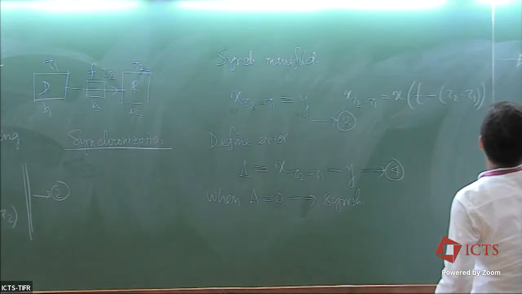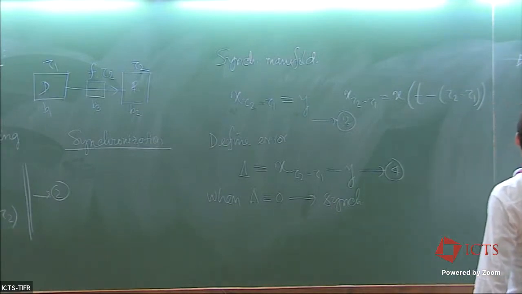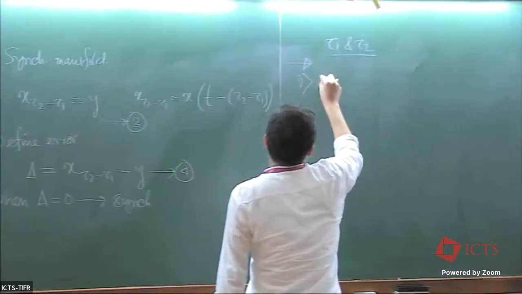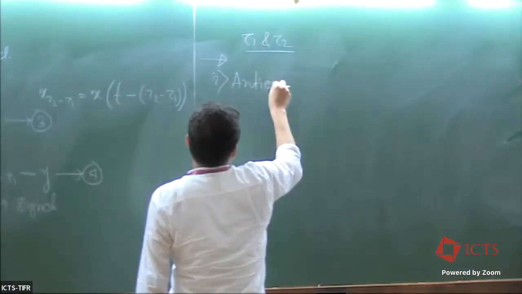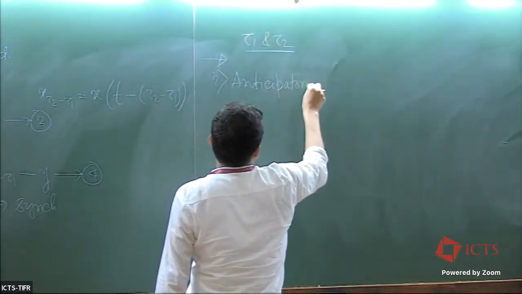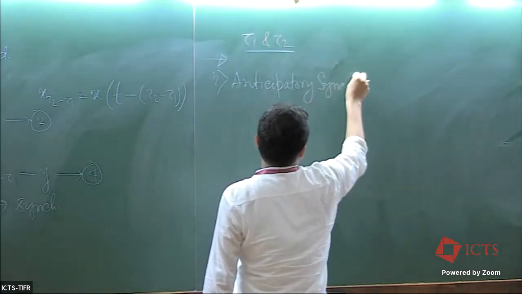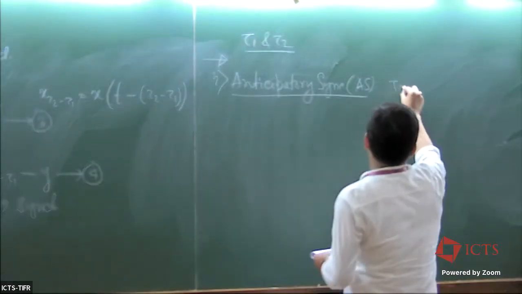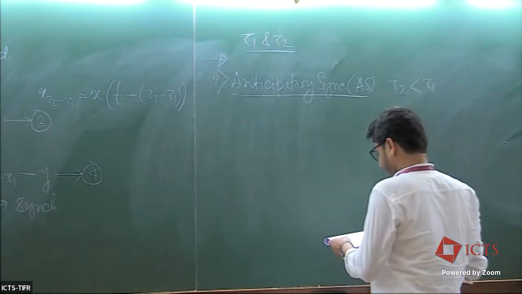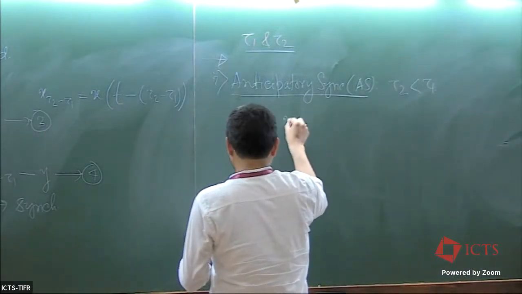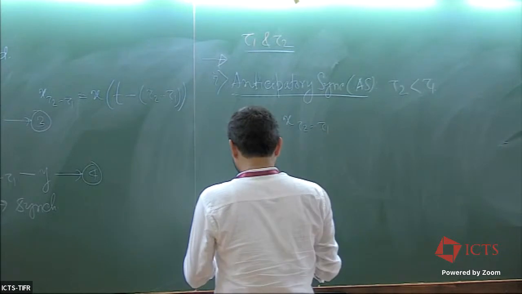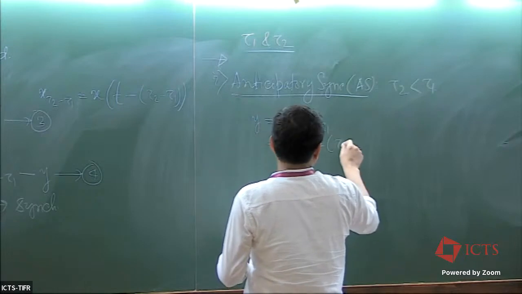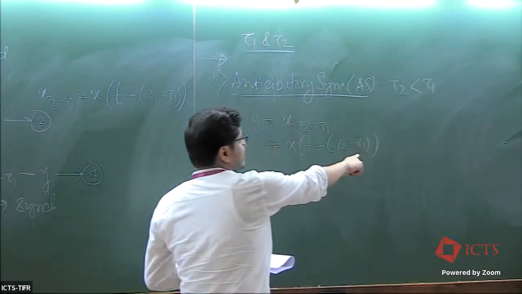Now, depending upon tau 1 and tau 2, there are mainly 3 cases. Number 1 is anticipatory synchronization, or we call it AS. When tau 2 is less than tau 1, then we get y is equal to x of t minus tau 2 minus tau 1, and this one is negative.